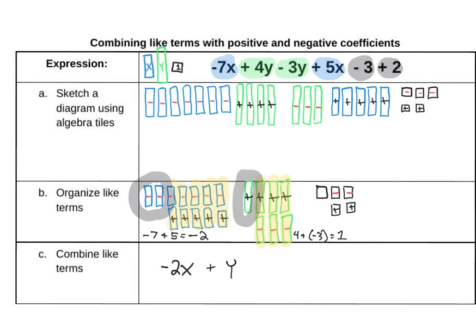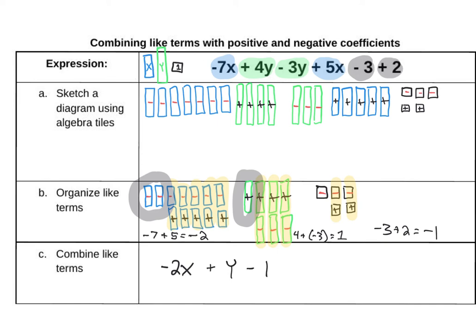And now for my constants. I have a 0 pair right here. -1 plus 1 is 0. -1 plus 1 is 0. And what I'm left with, and I forgot to write that down right here, is just 1 negative. So this is like saying -3 plus 2 equals -1. So since that term is -1, I'm going to write -1.